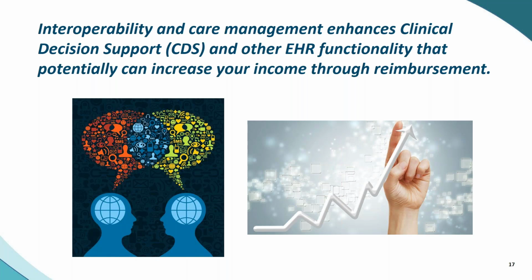Also, I don't want you to forget that your HIE enhances the functionality within your EHR, notably your clinical decision support. If you have a CDS rule set up to flag every patient that is overdue for an A1C, all your diabetes patients that are overdue for an A1C, or let's say you have hypertension patients, you have a CDS rule set up for them that if they're overdue for a lipid panel, you get flagged within your EHR.